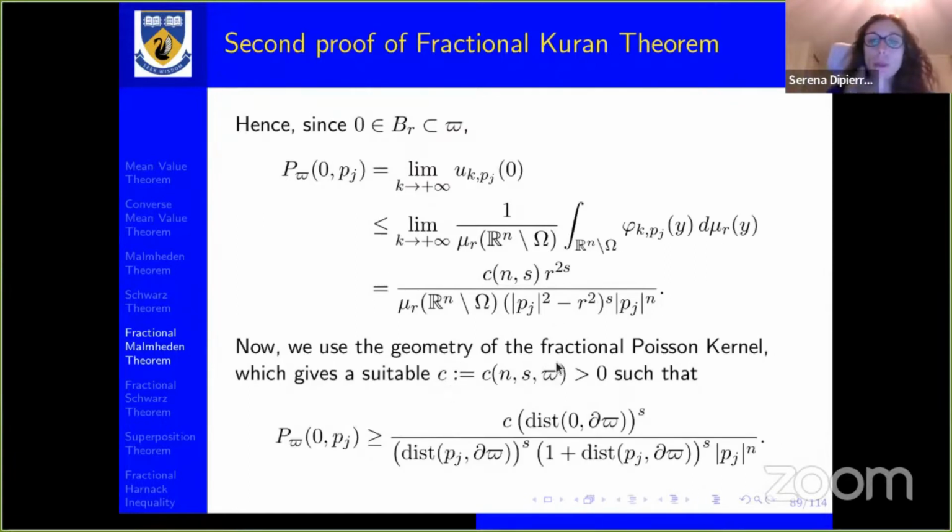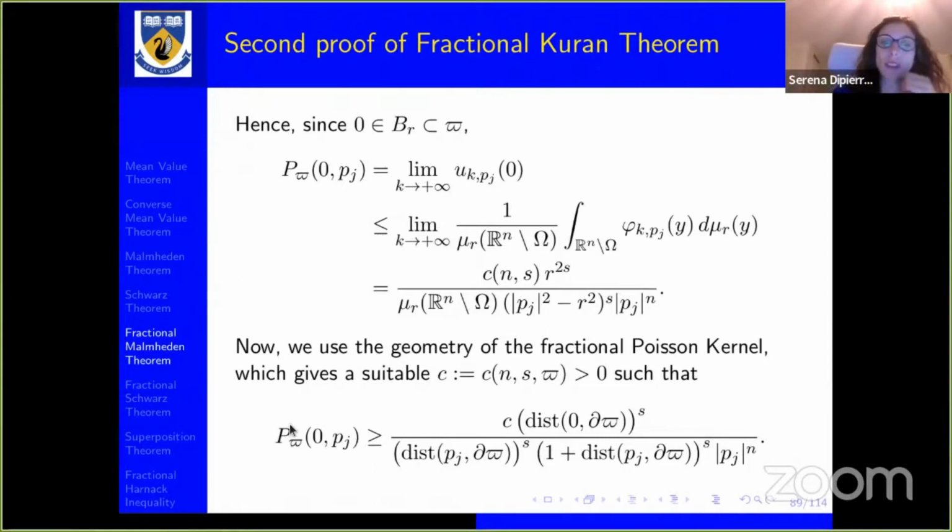So we now use the geometry of the fractional Poisson kernel, because we know that the Poisson kernel essentially behaves like this. So it is bigger or equal than something, and the important part, I think, is the distance of Pj from the boundary of var P here, because this object will explode if I send j to plus infinity, because Pj converges to P star, and P star is on the boundary of var P. So this distance will go to 0.